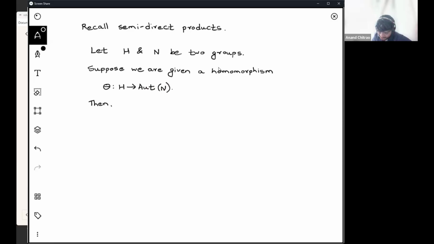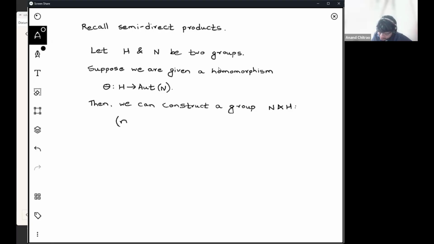Then we can construct a group denoted by this symbol, N cross H with an angled theta, where the group operation is as follows.